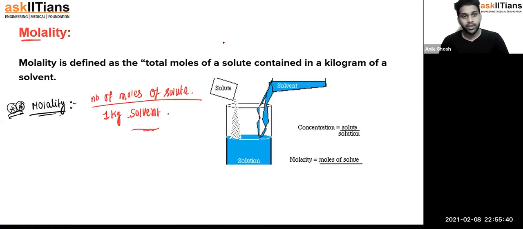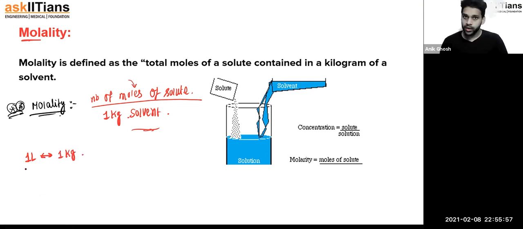The number of moles of solute which is present in 1 kilogram of solvent. So what are the things that are getting changed? Focus here. First, 1 liter is getting changed to 1 kg.